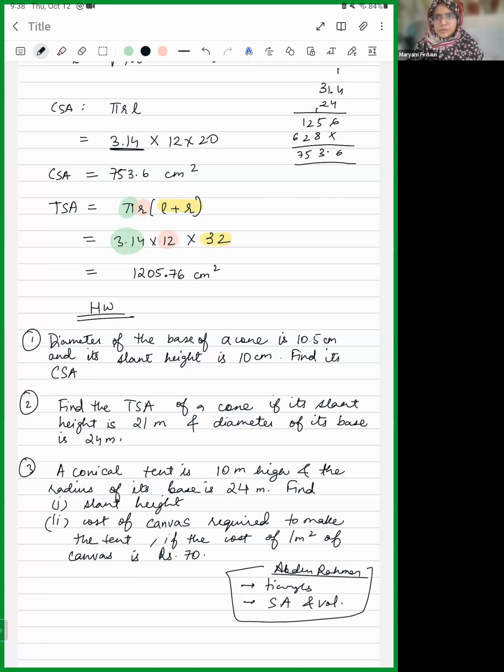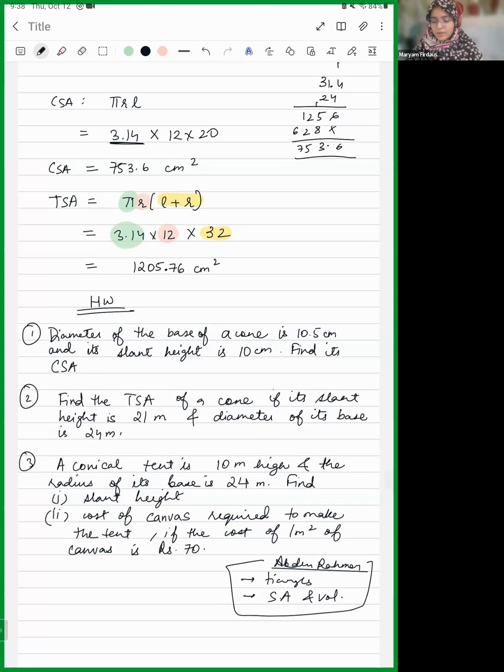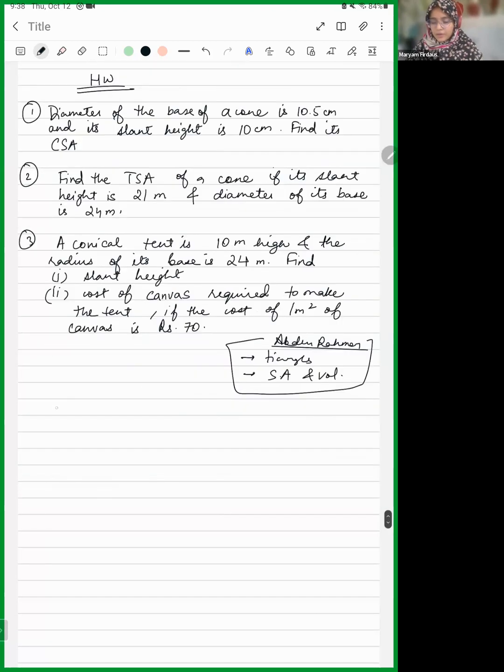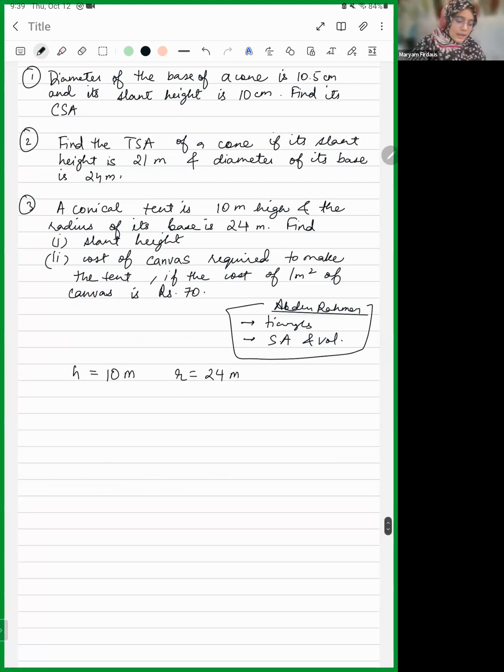No? But then L square is equal to what? See, over here, H is equal to 10 meters and your R is equal to 24 meters, right? Then your L square is equal to H square plus R square.